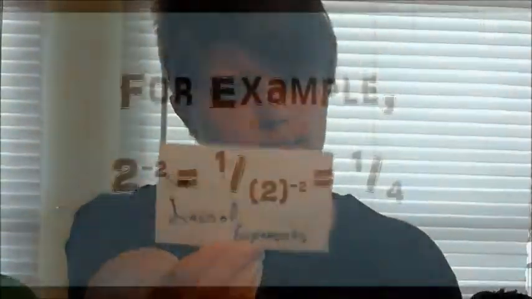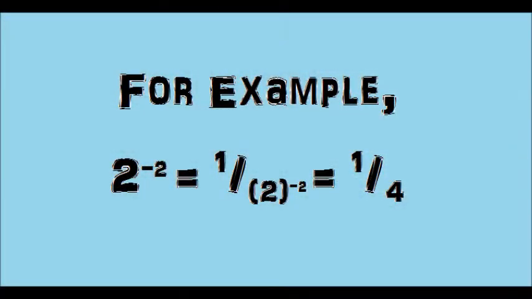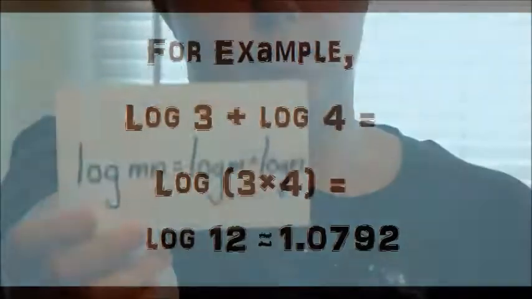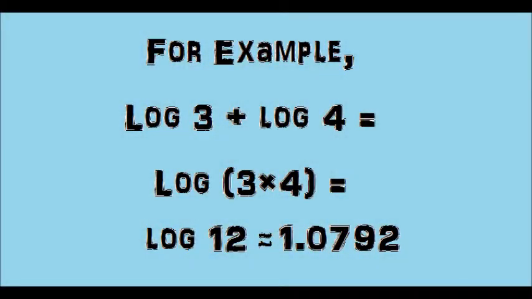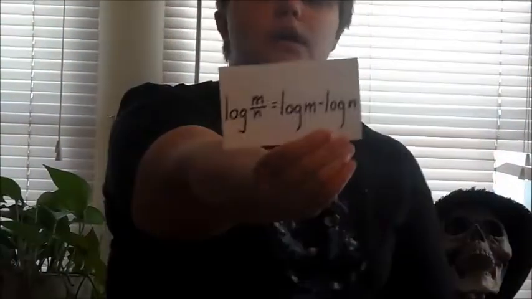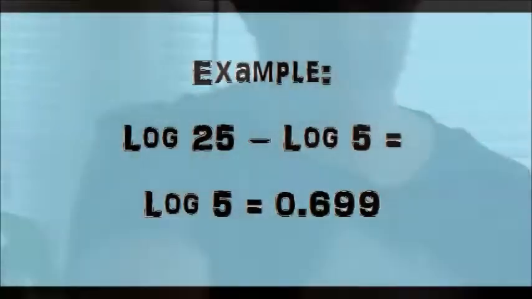And then the next thing that you need to know is the laws of logs. It's very, very similar to the laws of exponents. They're basically the same set of rules. Log of m times n is equal to log m plus log n. Log of m over n is equal to log m minus log n.